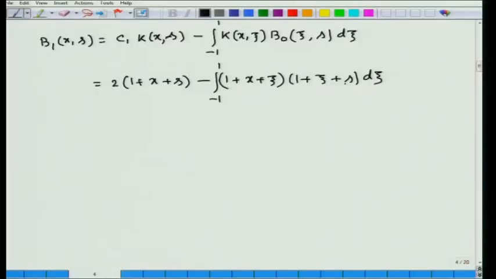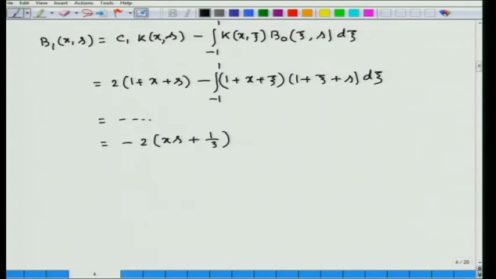So, k(ξ, s) is equal to 1 + ξ + s, and if you evaluate this integral, then it will result in -2 into (xs + 1/3). This will be the expression for B1(x, s). So, we have obtained B1(x, s).